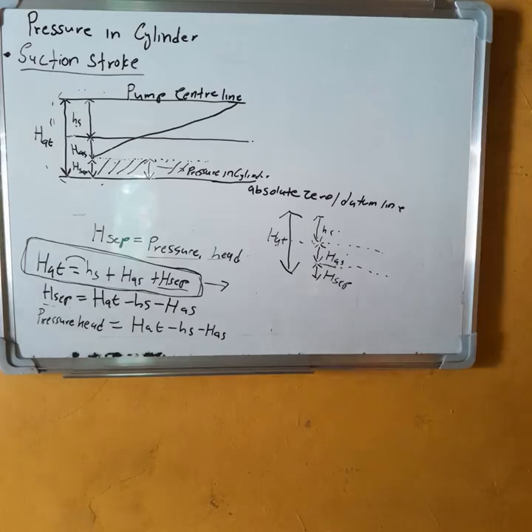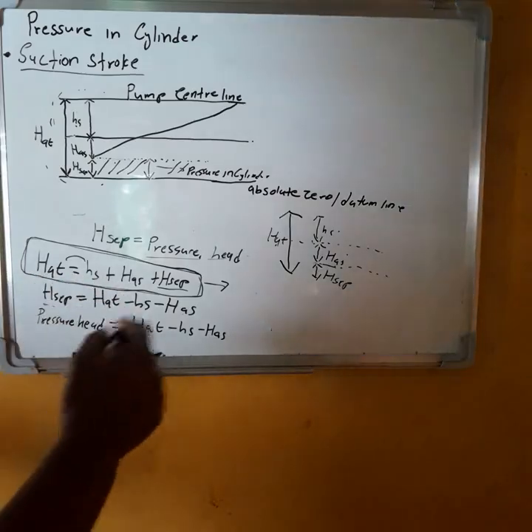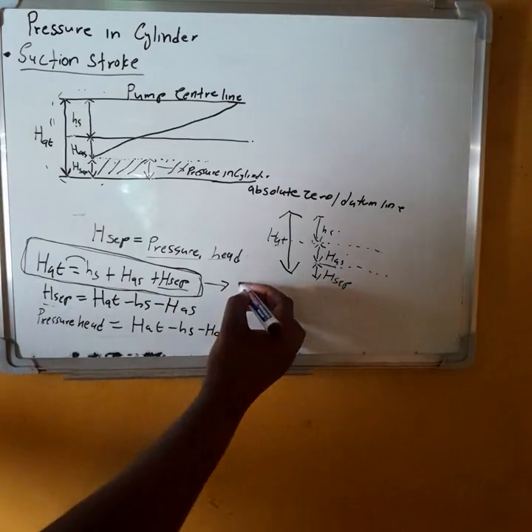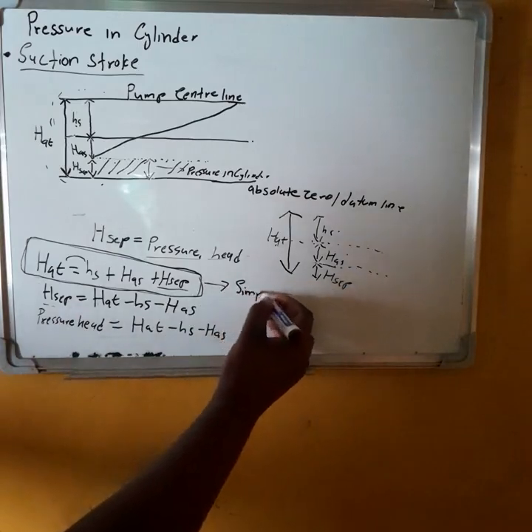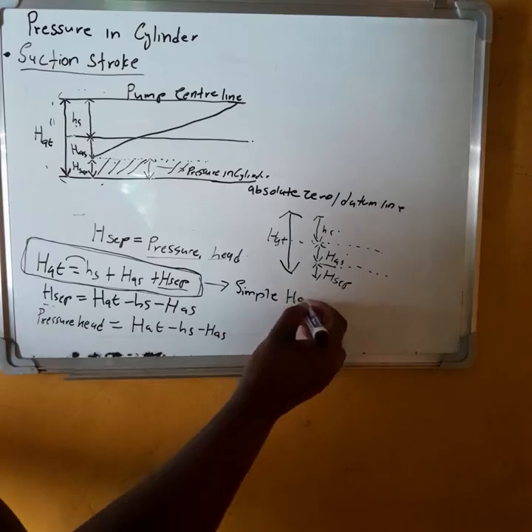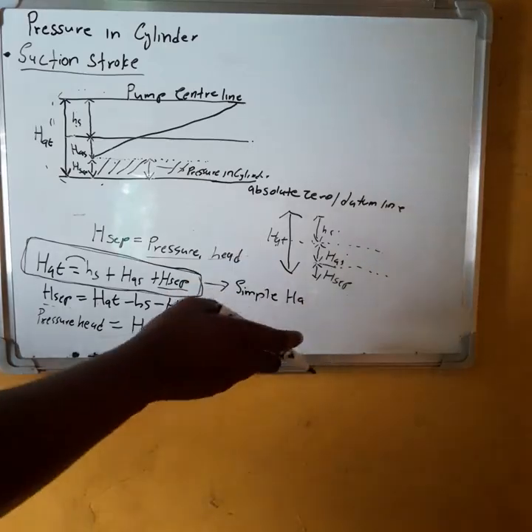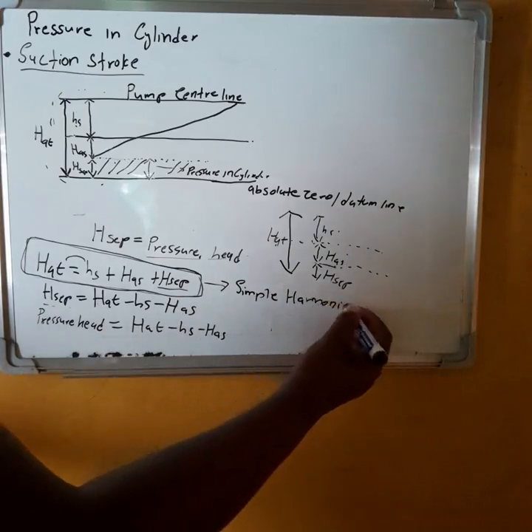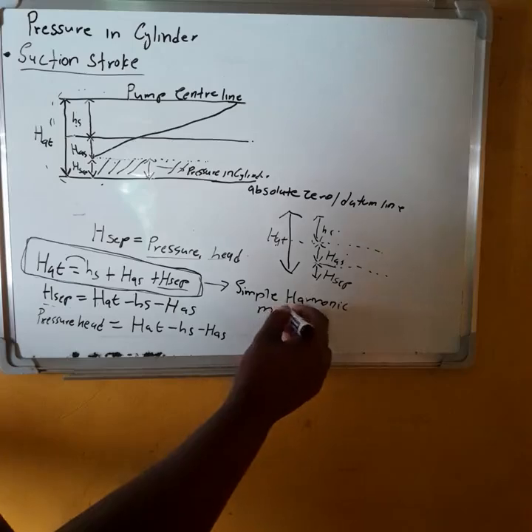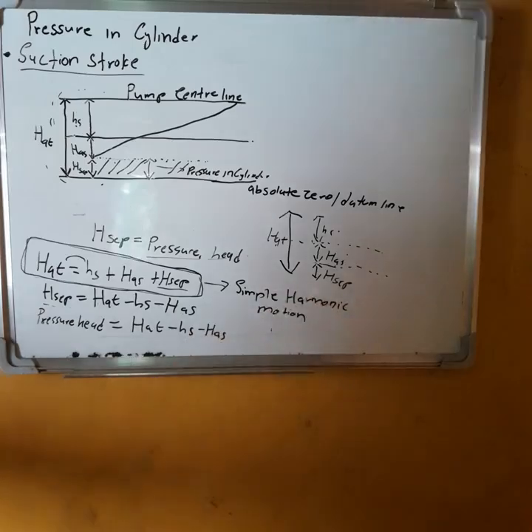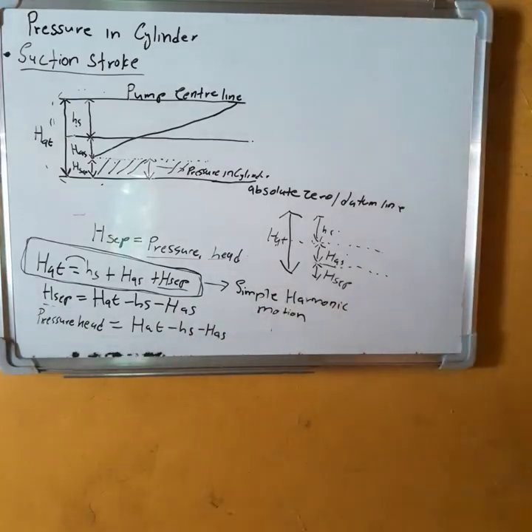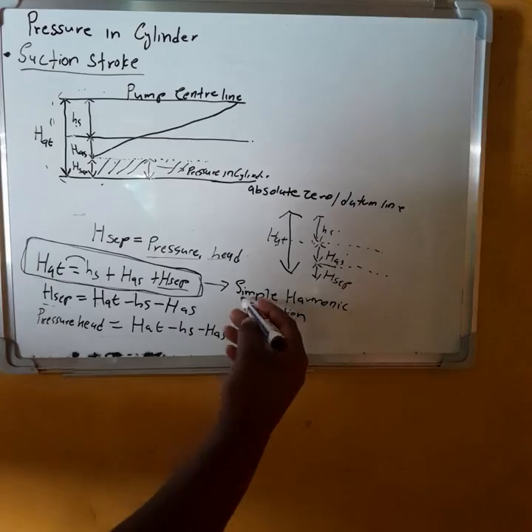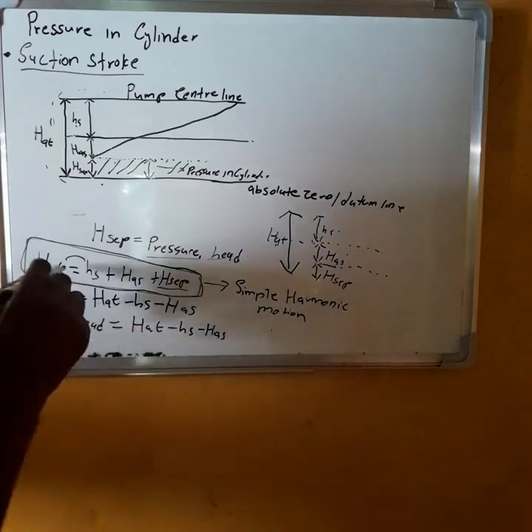You can call it this formula. We call it the simple harmonic formula. This is the formula for simple harmonic motion. If you come across the words simple harmonic when you read a statement, this formula will be used.